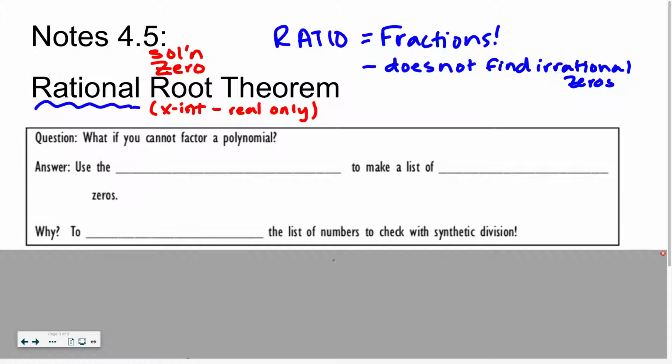Okay, an example of that would be what if your answer was x equals plus or minus the square root of 2? So the rational root theorem is not going to help us find that by itself. Okay, it will get us there eventually. And it also does not find imaginary solutions.